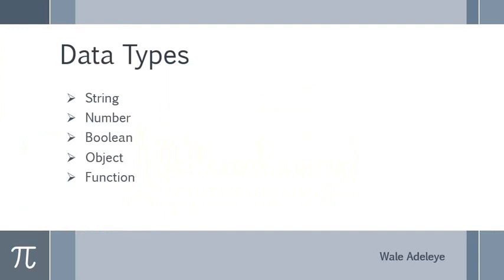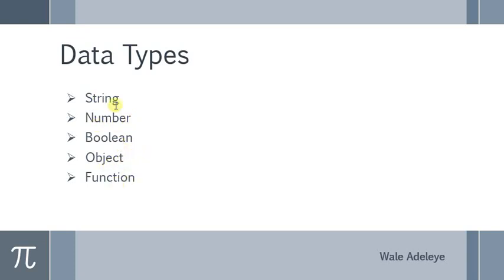Data types. A data type is simply the classification of data items that are meaningful and are used in your programming environment. Every high-level programming language has data types. In JavaScript, we have these data types as listed here: string, number, Boolean, object, and function.